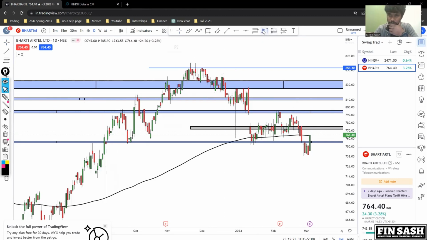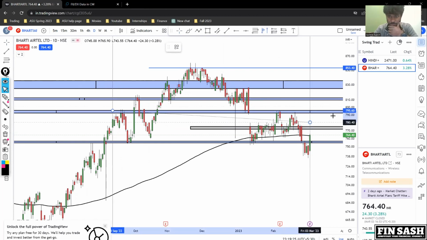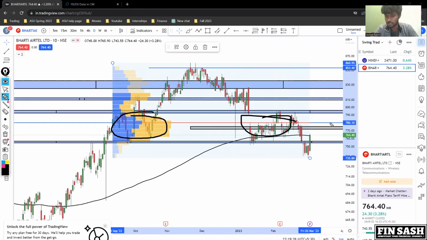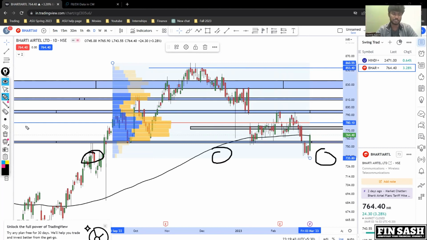There's actually another level, I think. So if I just see here, yeah. This is an important level too, because as you guys can see here, there's been a lot of volume in this region. So if you guys are safe traders, make sure that level breaks. But I'd suggest you take up the trade right now because your stop loss is pretty small.